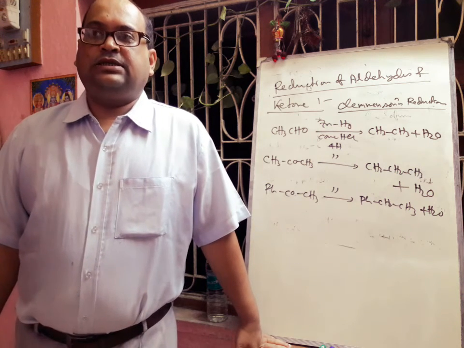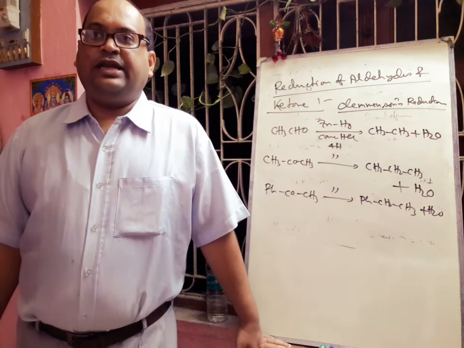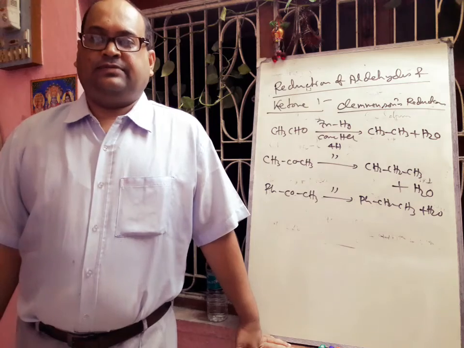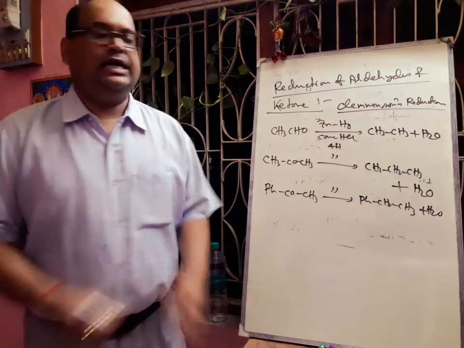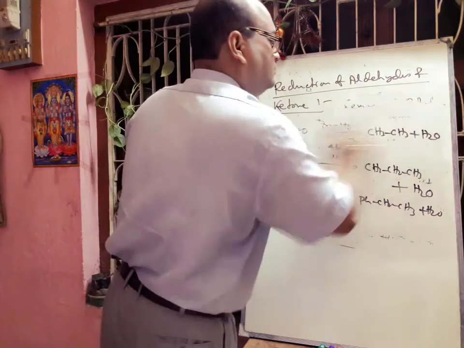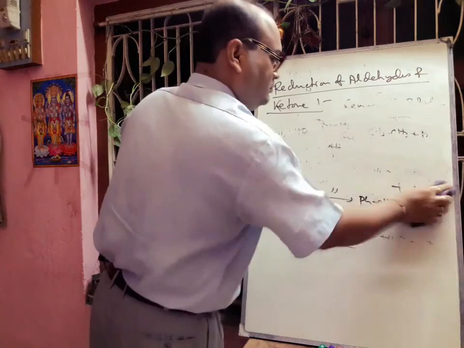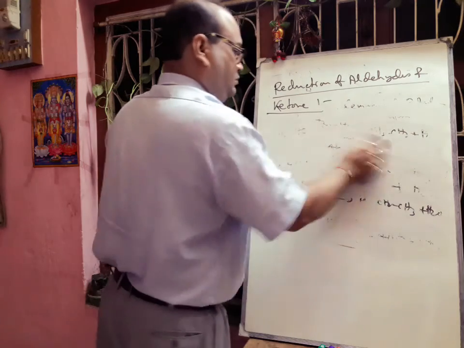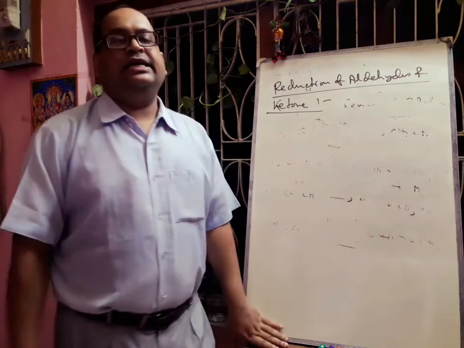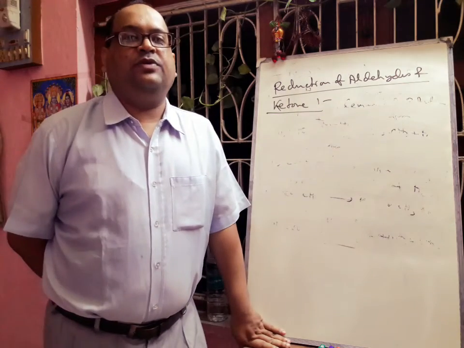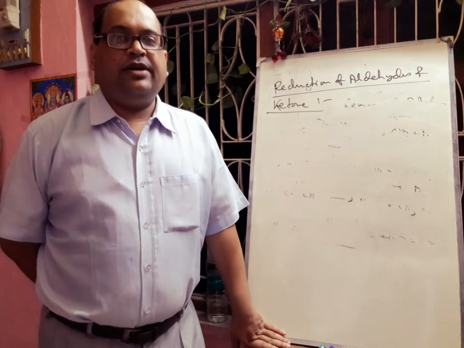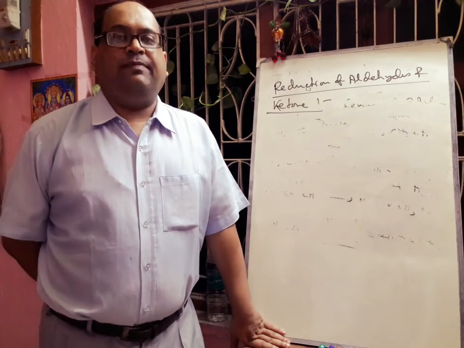Next we will discuss another very important reaction, called the Wolff-Kishner reduction. In the Wolff-Kishner reduction we use the reagent N2H4 and water, and finally potassium hydroxide in glycol, and we have to apply heat.